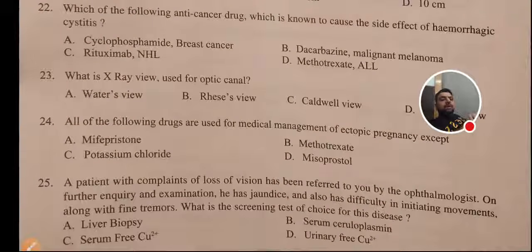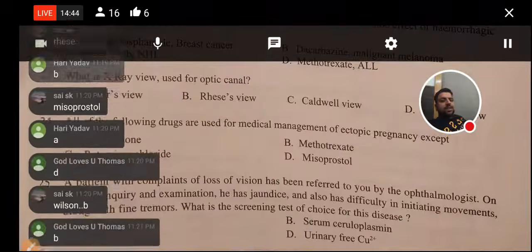A patient with a complaint of loss of vision has been referred to you by an ophthalmologist. On further inquiry and examination, he has jaundice and also difficulty in initiating movements along with fine tremors. What is the screening test of choice for this disease? Liver biopsy, serum ceruloplasmin, serum free copper, urinary free copper. First, what is the diagnosis?